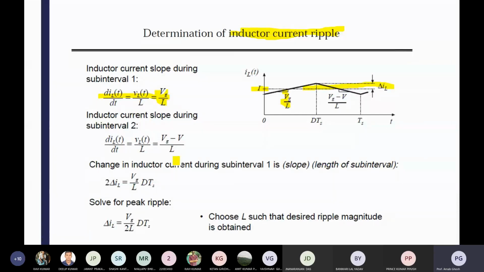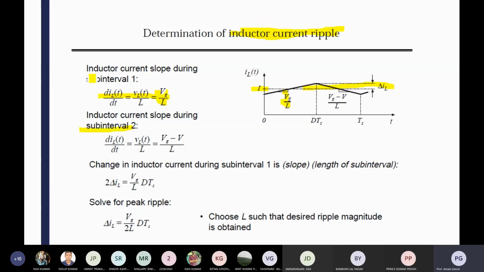We are not able to add directly because the time component is different. So delta IL looks like that. What is dt? In the first case it is dTs. So delta IL by dTs equals Vg by L, so delta IL equals Vg by L into dTs. Plus, in the second case, in sub interval 2.